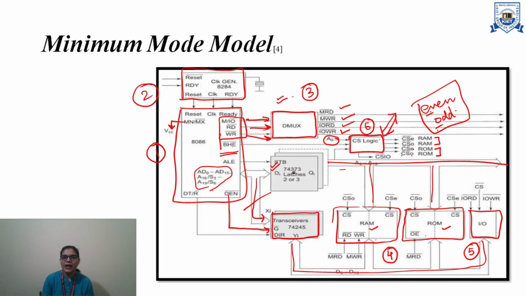Next we have the demultiplexing component for address and data buses. In this component, we connect an address latch, which is driven by the address latch enable signal; this signal will enable or disable the address latch. And here we have the transmitter and receiver, the transceiver, and this module is driven by two control signals: DT/R bar and DEN bar. In this way, the minimum mode model is described.